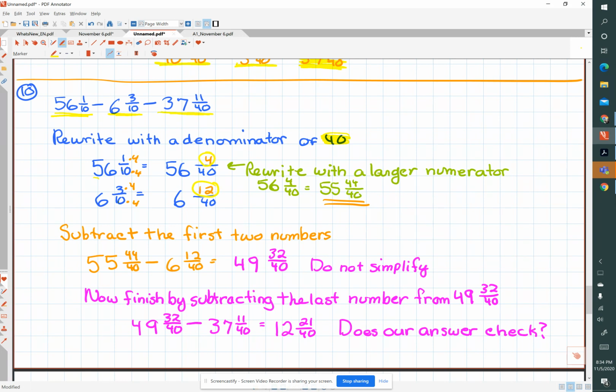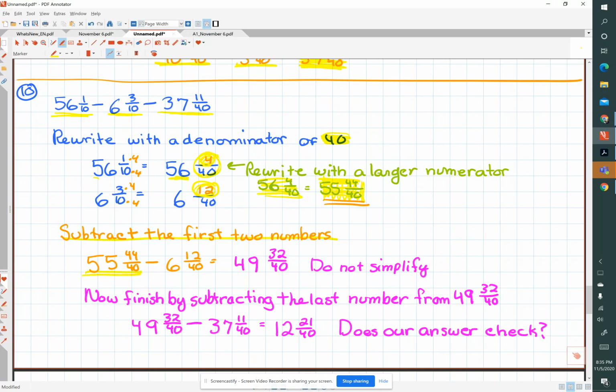However, it will be difficult to take 12 away from 4 in this situation. So we're going to borrow from 56 and add 40 to the numerator of 4. And that's what we've done over here to give us 55 and 44/40.